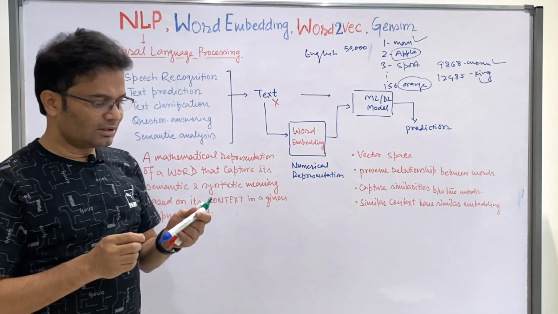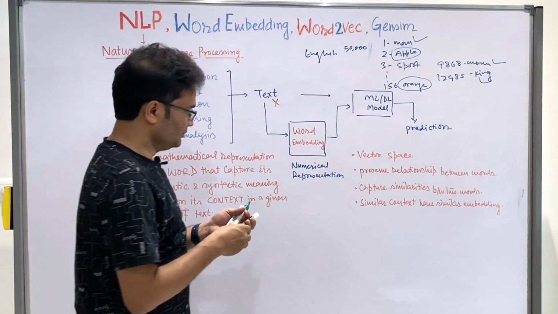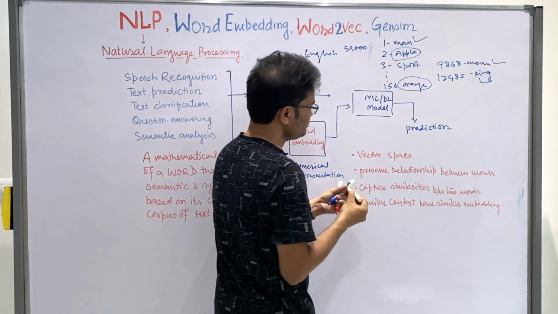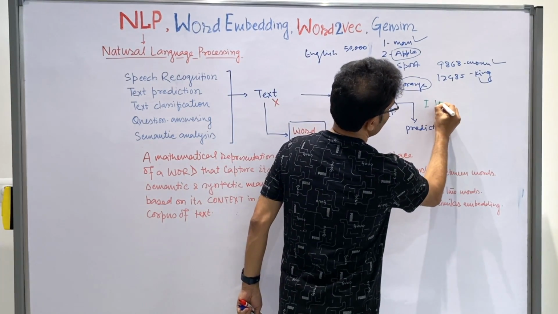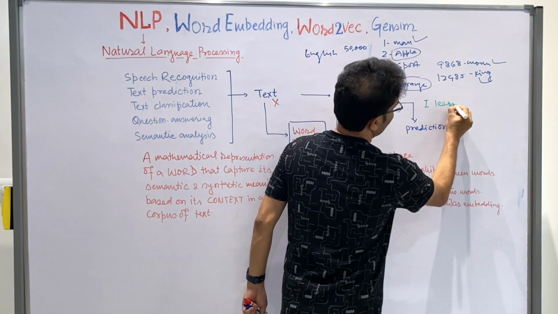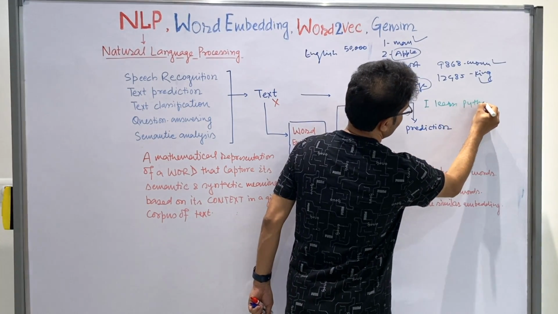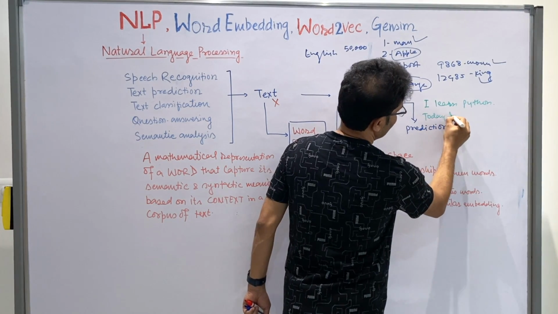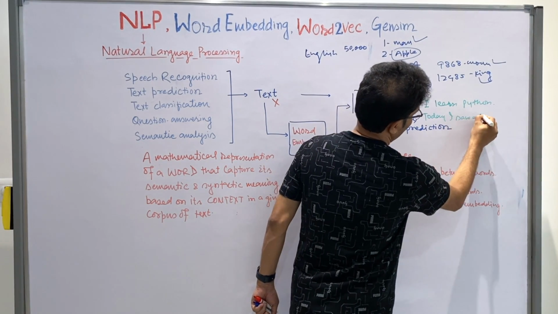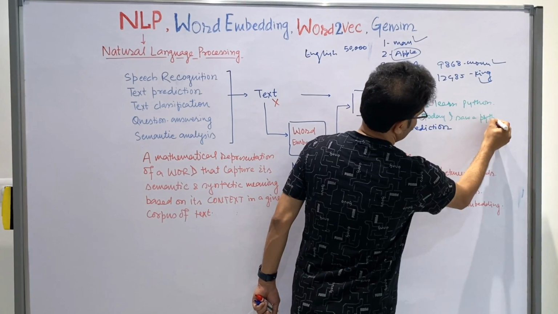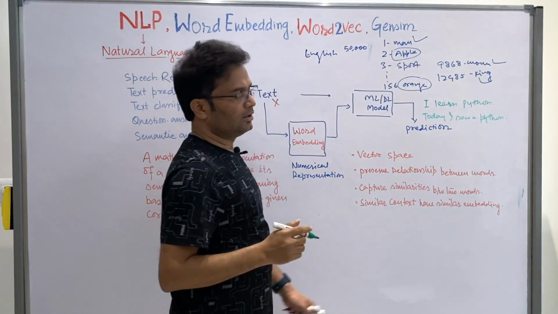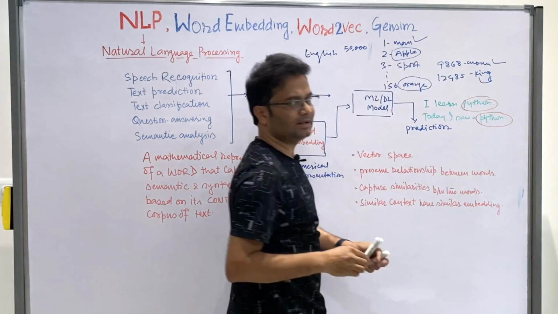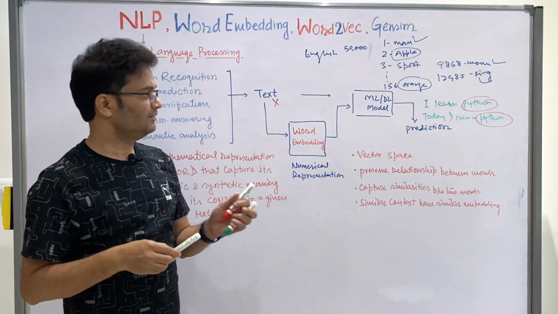Let me give one more example. If you see this sentence, I learn Python, and another sentence, today I saw a Python. What is the same here? Here is Python, here is also Python, but the meaning is different, right?